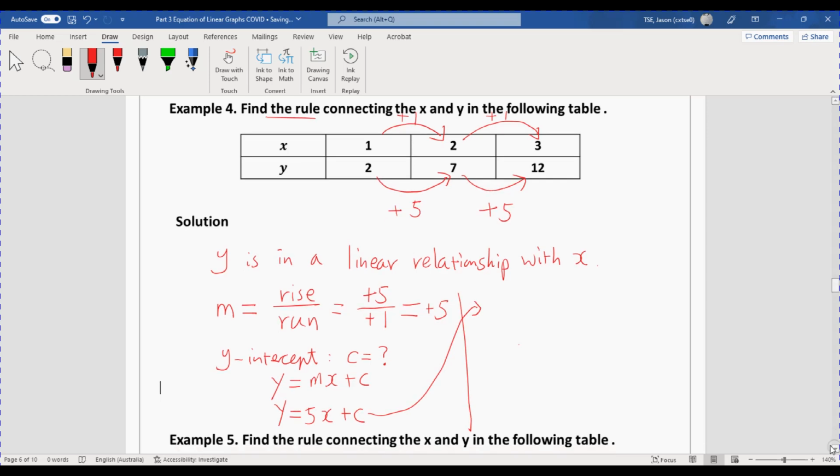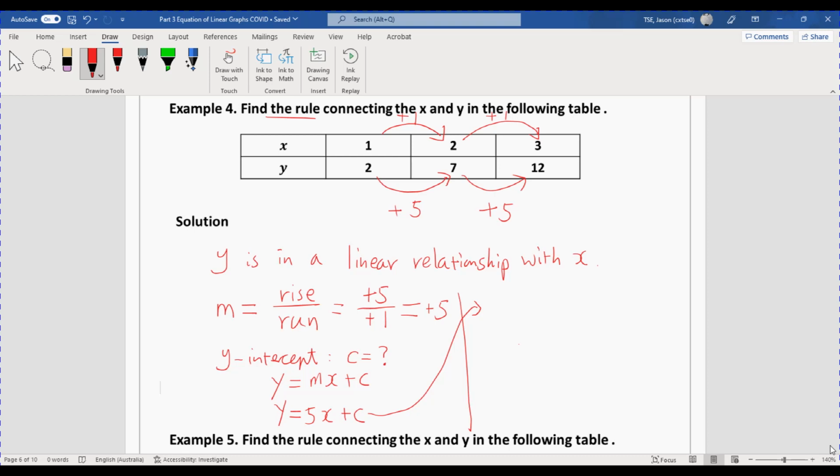If you still remember last time, if we want to find c, all we need to do is find a pair of x value, y value, and put them into the equation, and that will do it. So let's just pick any pair. I might just use the first pair.